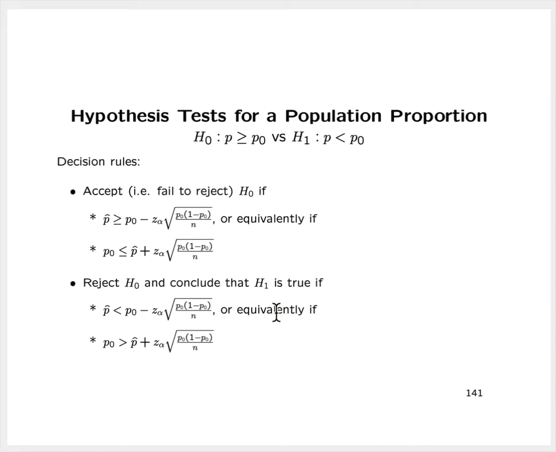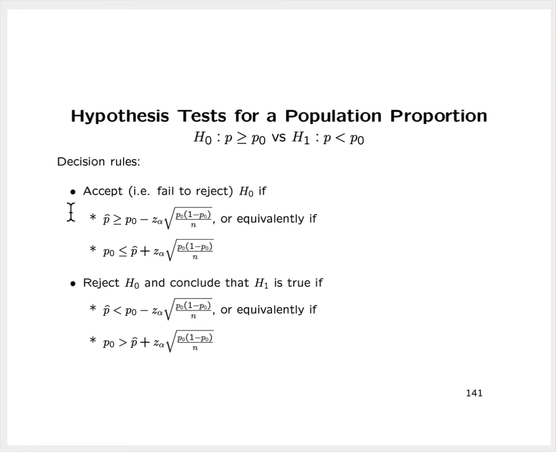Now again, we can restate this in terms of decision rules. And so we would accept the null hypothesis if p hat is greater than or equal to this quantity, and we would reject the null hypothesis if p hat is less than that quantity.